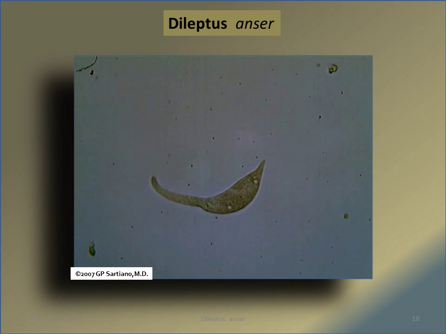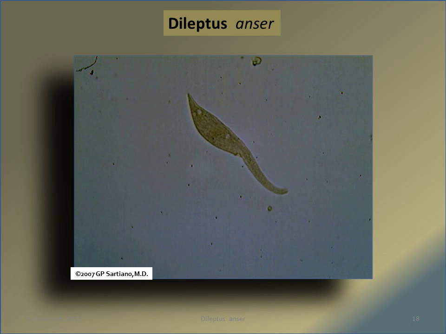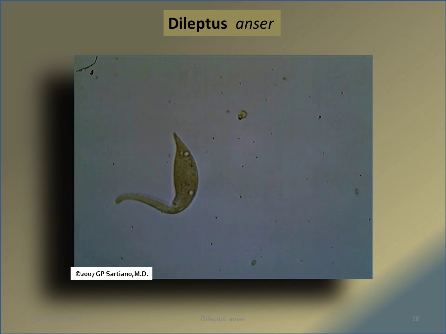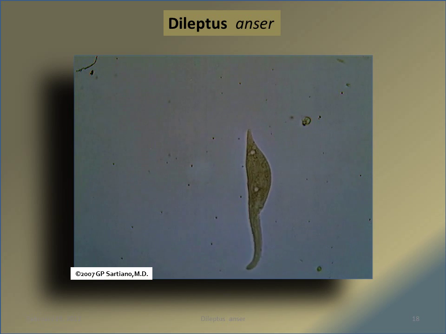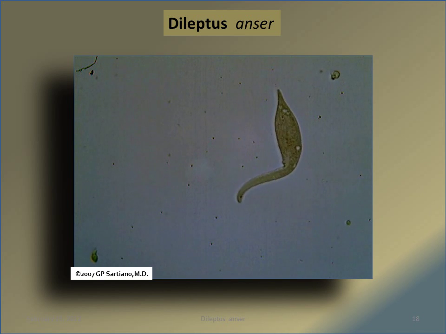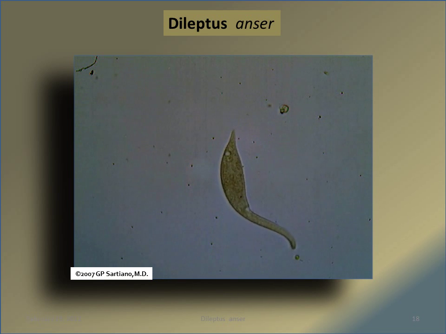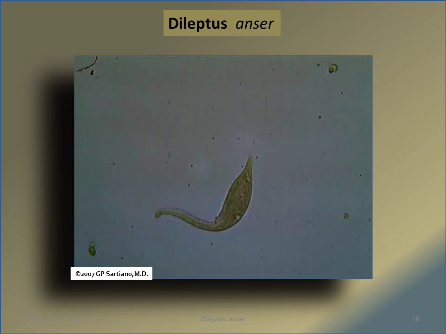Here's a video of Dileptus, presumably species anser. All of the aforementioned general features are left to the observation of the viewer. The flailing movements of the proboscis, which are quite characteristic of Dileptus, are clearly visible in the video.